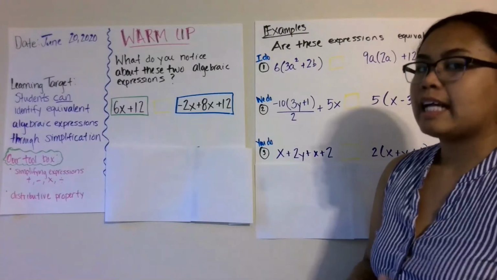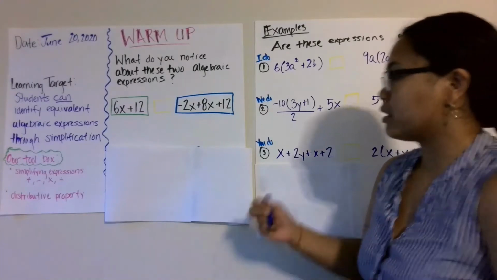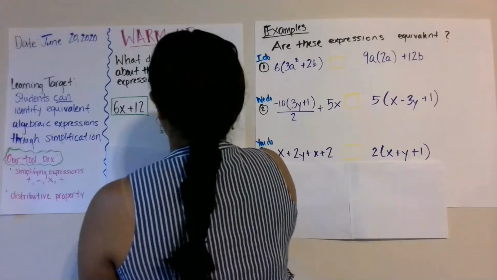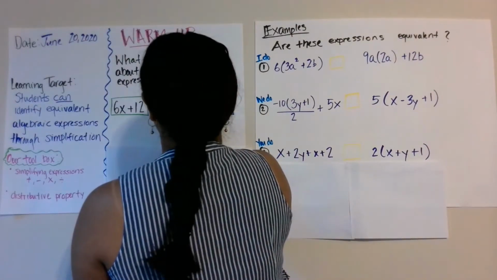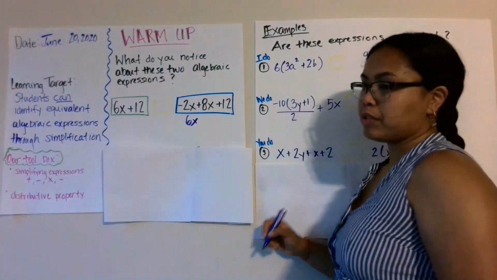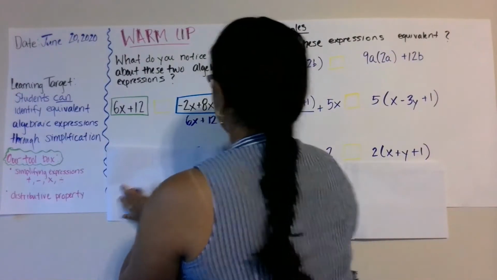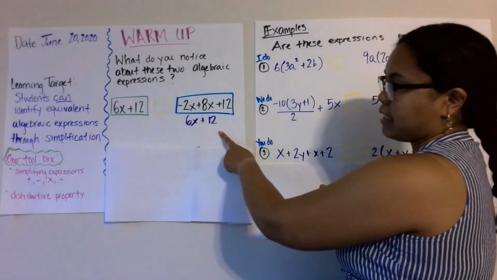We can combine any like terms. Negative 2x plus 8x is 6x. All we have to do now is bring down that 12. So this expression simplifies to 6x plus 12.